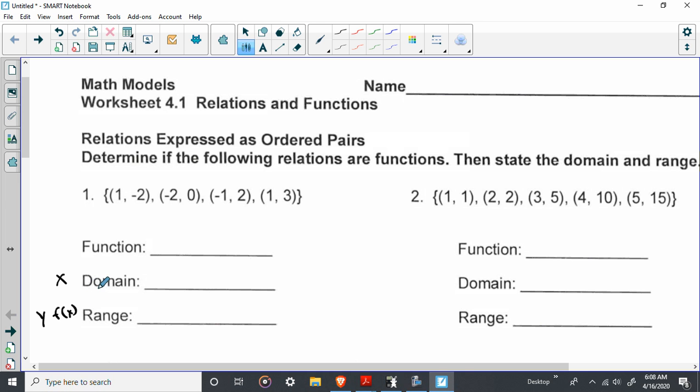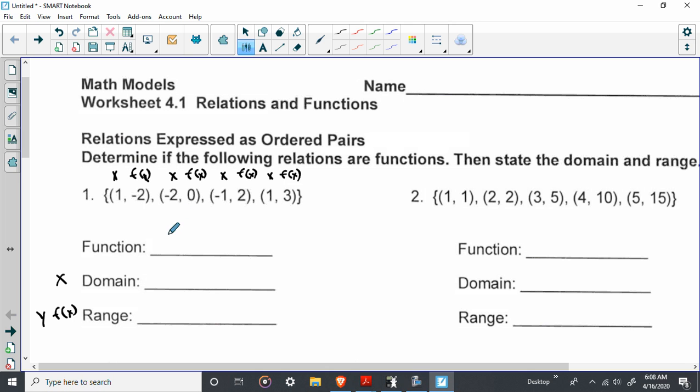Domain are all your inputs, x values, and your ranges are your outputs, y, or what we're now calling f of x values. So remember, all these points are x, f of x. If you ignored my advice and you've gone a couple days ahead, these are your x, and what used to be your y, we're now calling f of x. If you're really not comfortable with f of x, you can call them y for now.